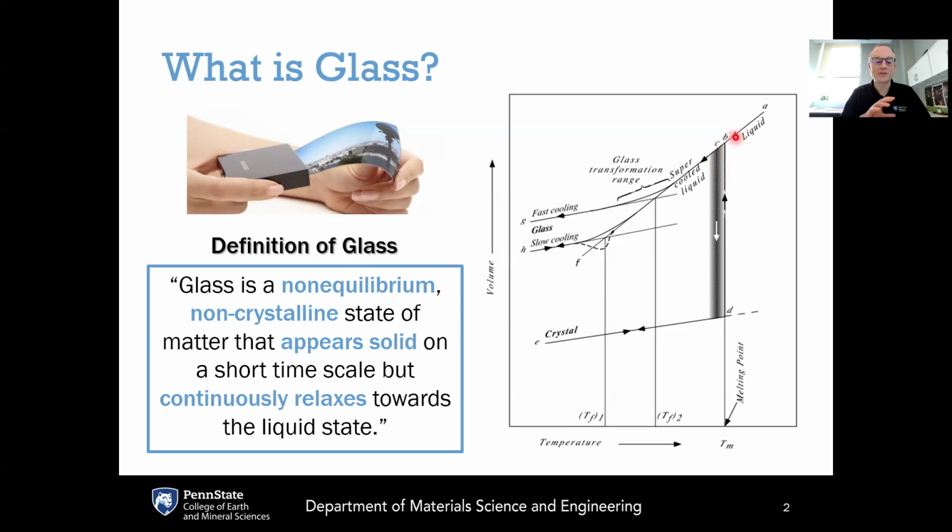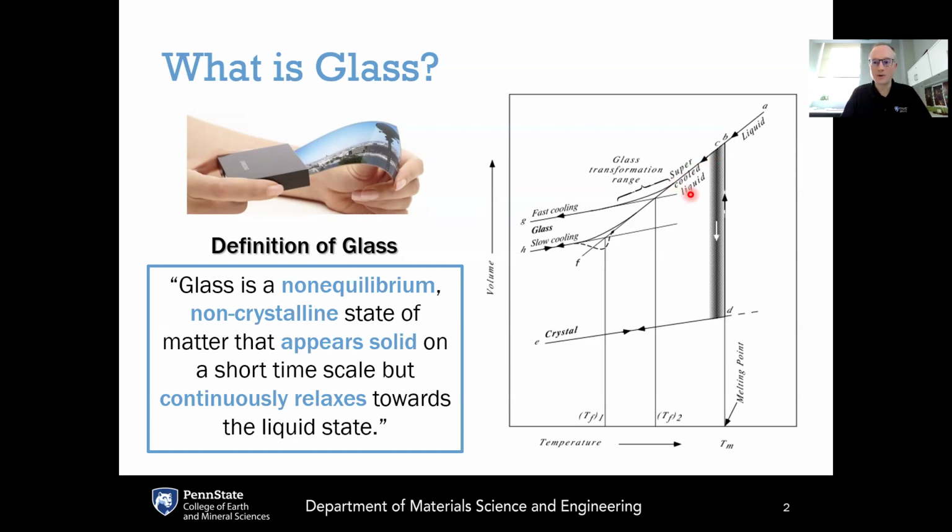But if that crystallization is so sluggish that you're able to cool through this regime fast enough that you don't give the atoms in the liquid enough time to rearrange into a crystalline configuration, then you get another phase, which is called the supercooled liquid phase.